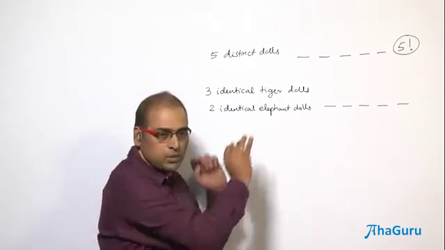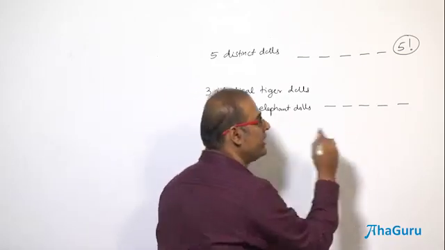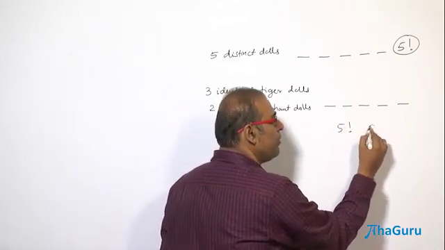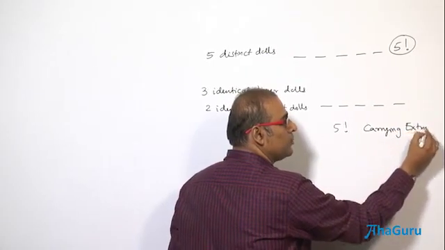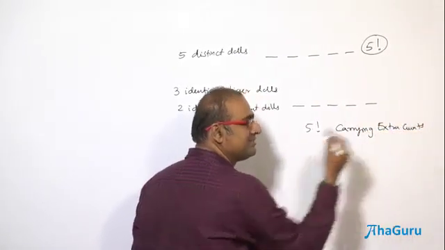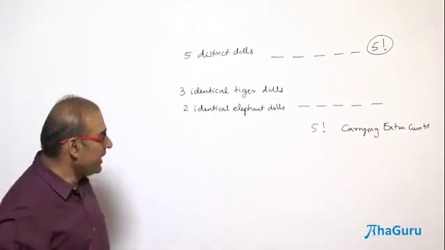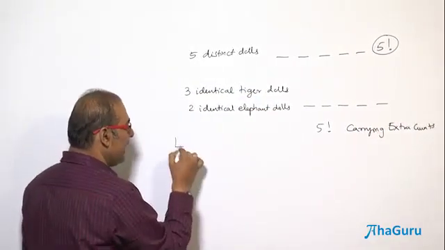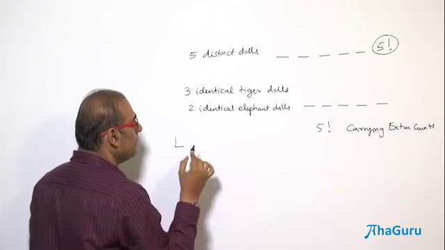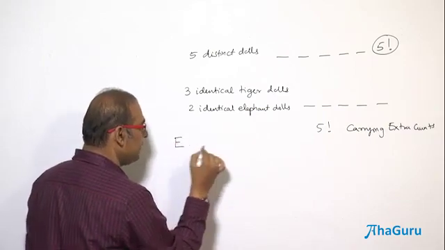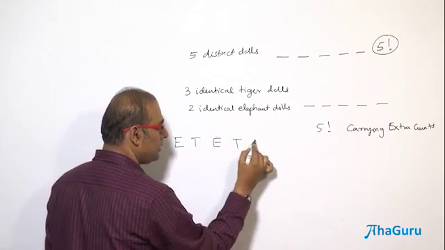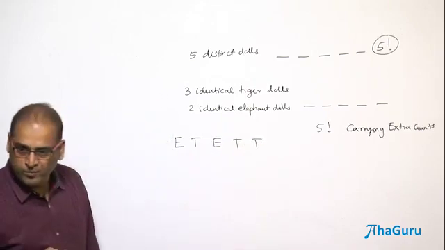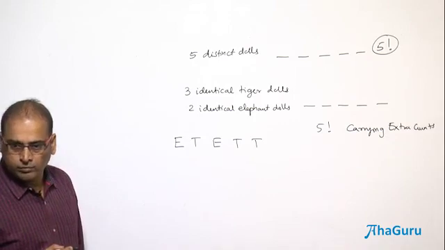So presuming all these are 5 dolls, you will be getting what? 5 factorial, but you will be carrying extra counts. Why? There will be some repetition. So for example, say elephant, elephant, and you have some tigers here.